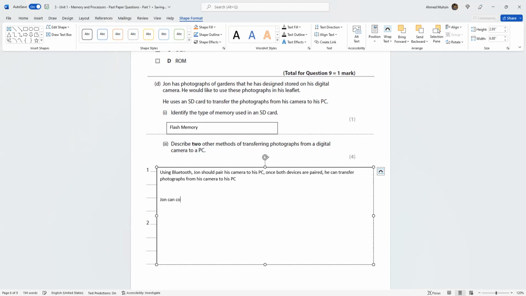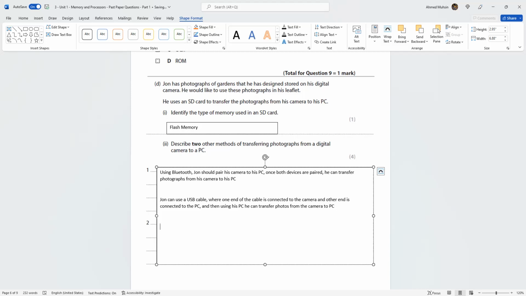John can use a USB cable where one end of the cable is connected to the camera and the other end is connected to the PC, and then using his PC, he can transfer photos to the PC. So we have spoken about the USB cable.